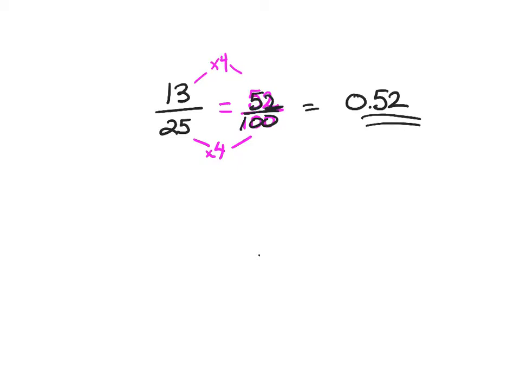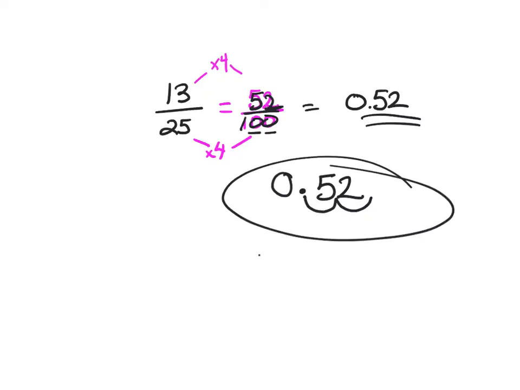But if I wanted to follow the steps or check my work, what I could do is write 5-2, and then I could move my decimal point one spot to the left for every 0 that is in my denominator. And I would go 1, 2, redraw my decimal point there, and there it is, 52 hundredths.